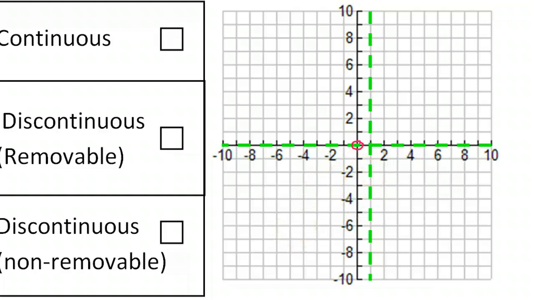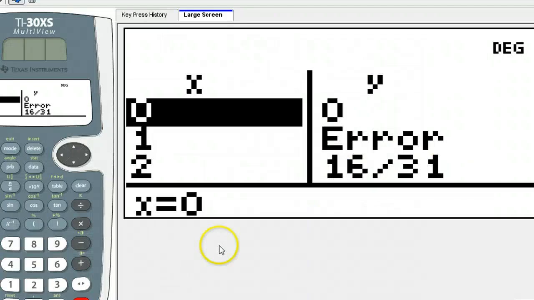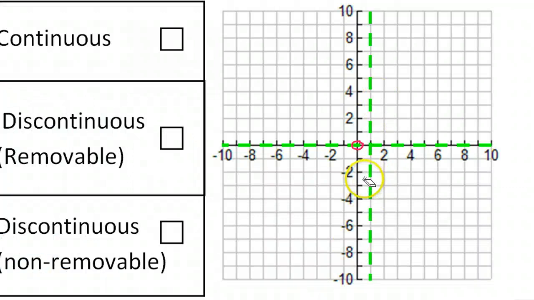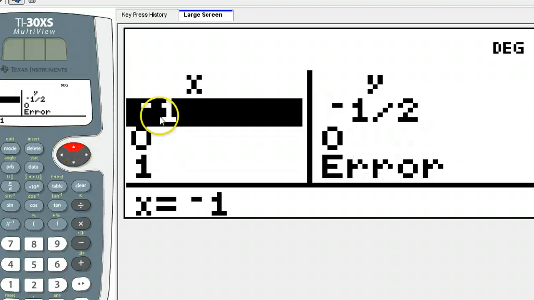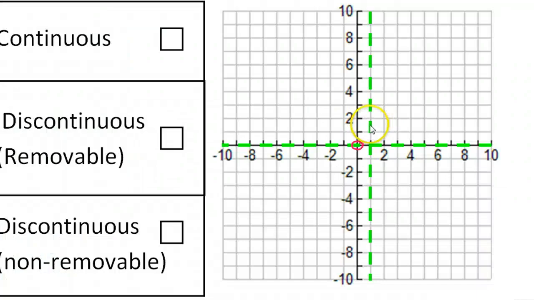We've already got the function in our calculator. So keep an eye on the vertical asymptote, because I like to have a few values to the left and a few values to the right. So I already see that we have 0, 0. What about -1? Okay, at -1, we're at -1/2.